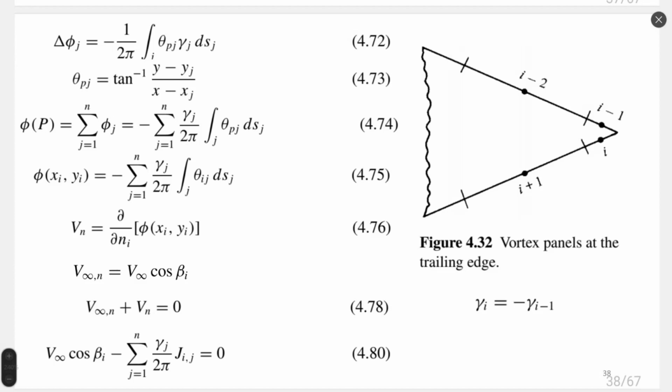So we have velocity impact from far field. This can be seen on, for example, equation 78 here. This velocity created from infinite direction impacts our airfoil.